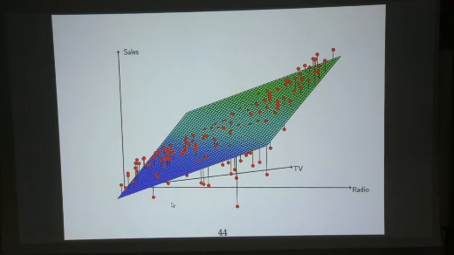An interesting observation is that if you look at only the points which are close to the line for radio, so you omit the TV, or only the points close to the line for TV, so you omit the radio, then the coefficients tend to be negative.